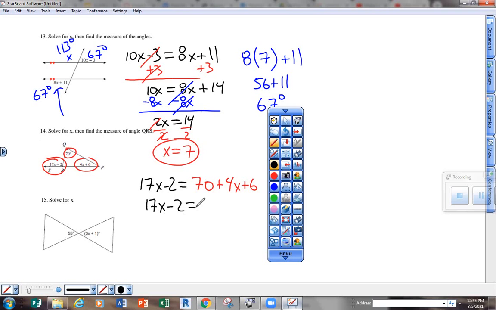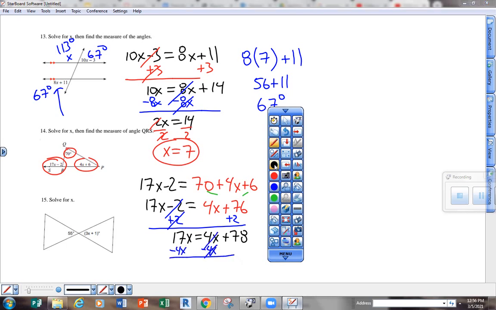When I combine my like terms over here, my 70 and my 6, I get 4x plus 76. Comes variables on both sides. Add 2. Bring 17x down, 4x down. This gives me 78. Take away 4x on both sides. 17 minus 4 equals 13x. Divide by 13.